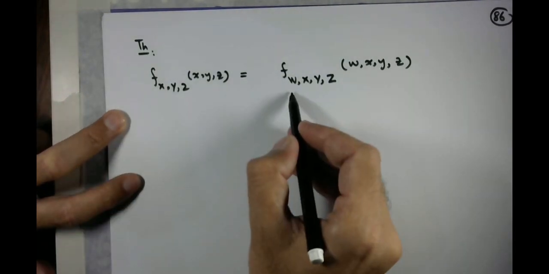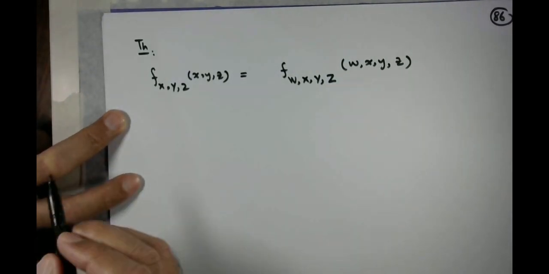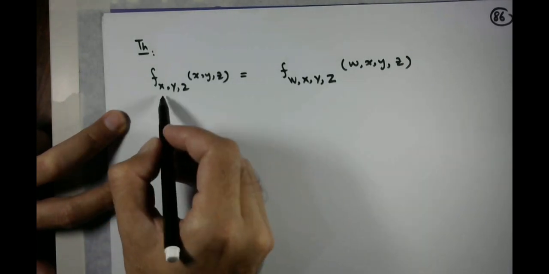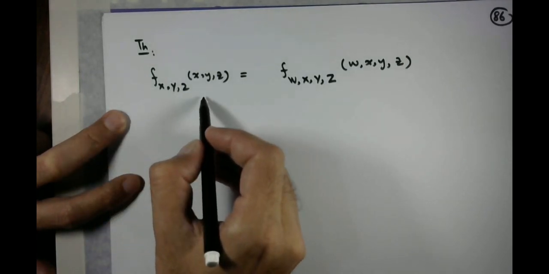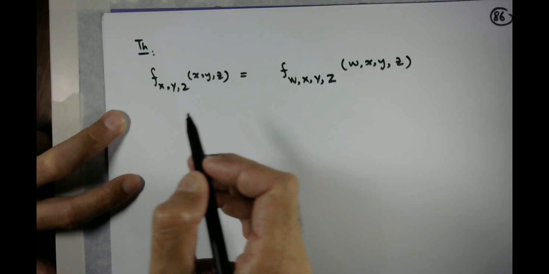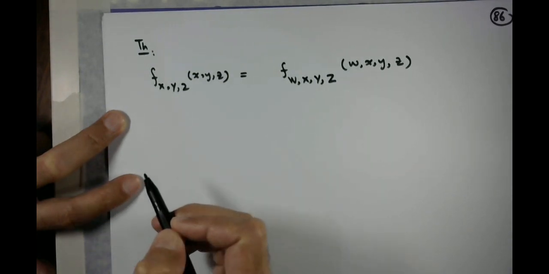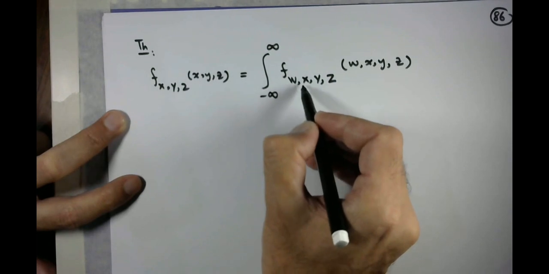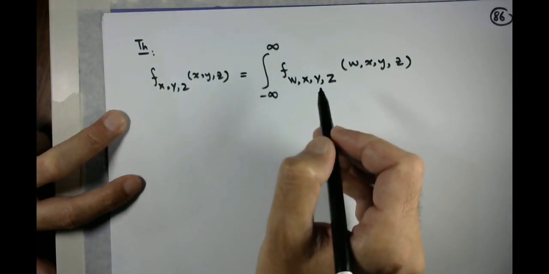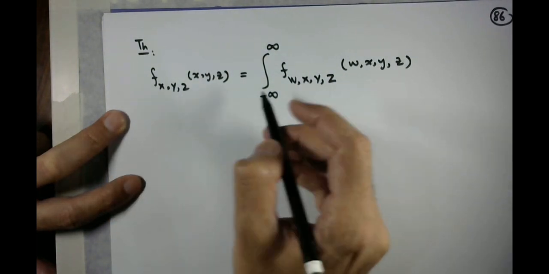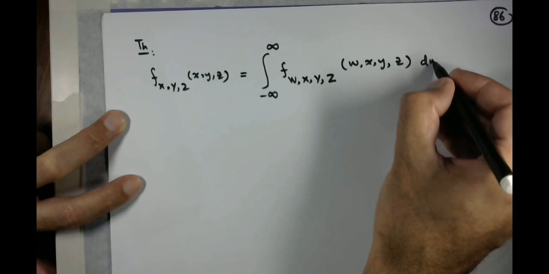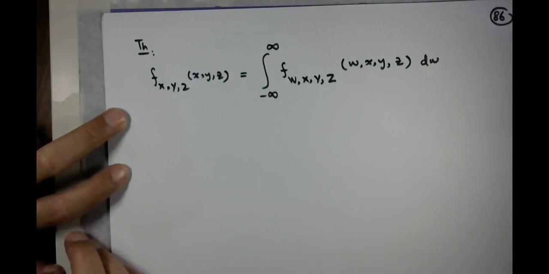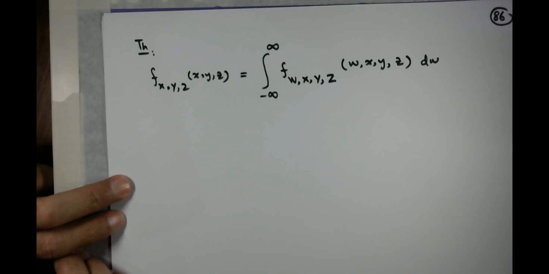So now your giant distribution is of the four random variables, and you want a marginal distribution on three random variables. So you will integrate the giant distribution on the variable which is missing here. The variable missing here is w. So you will integrate with respect to w.